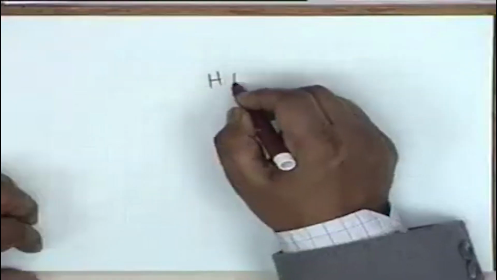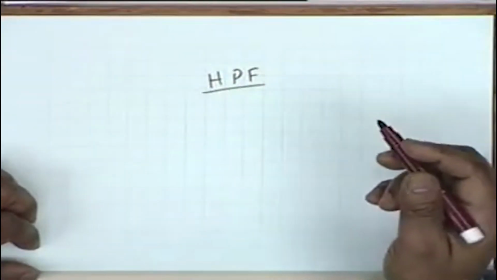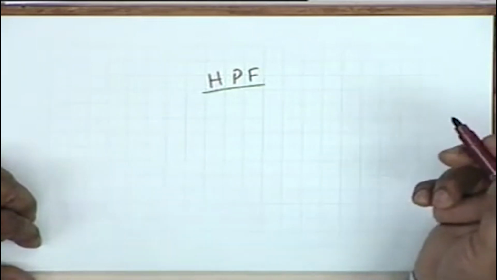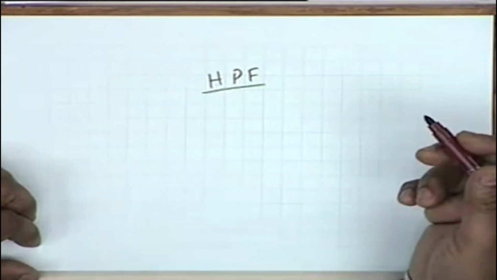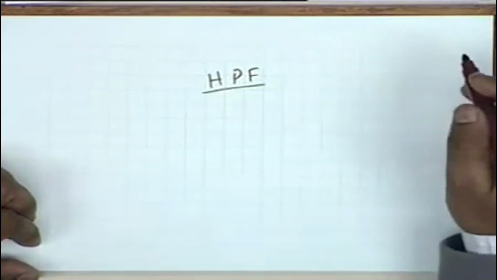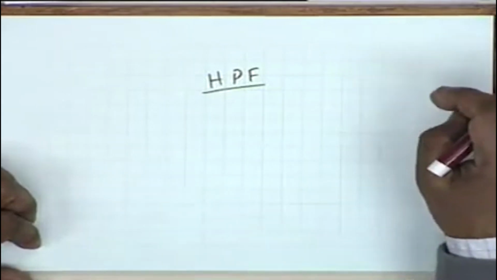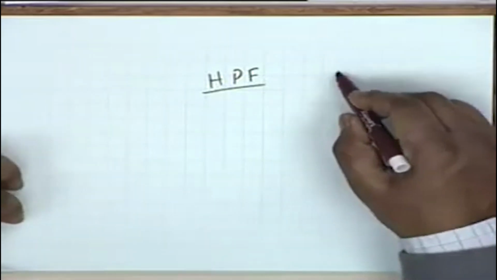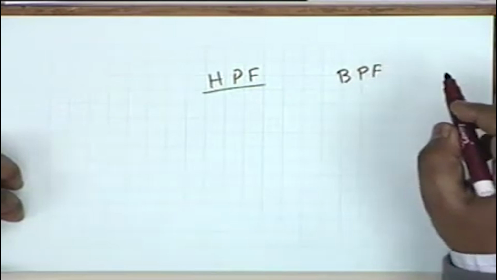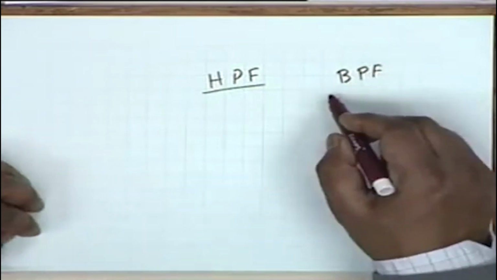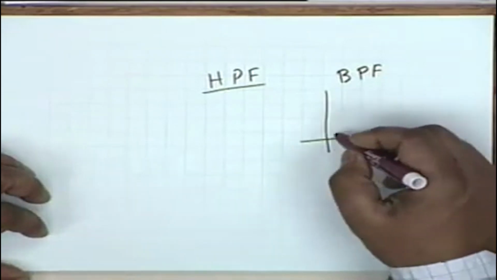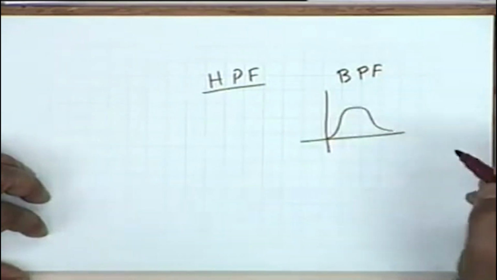In a similar manner, a high pass filter, HPF, is one which passes high frequencies but rejects low frequencies. A band pass filter, BPF, is one which rejects low as well as high frequencies. If I plot its transfer characteristic, it would be something like this.